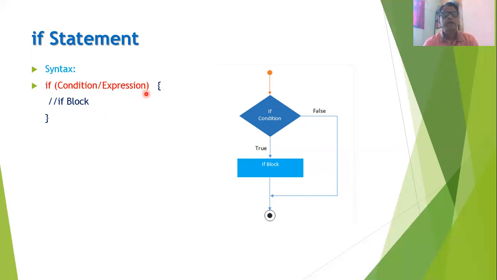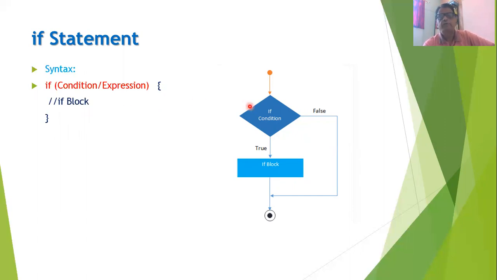Then you put curly brackets, and within them you write some number of statements. When you write multiple statements together, that becomes a block of statements. This block is called the if block.